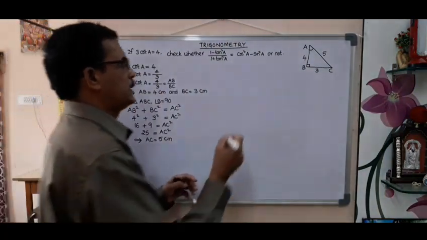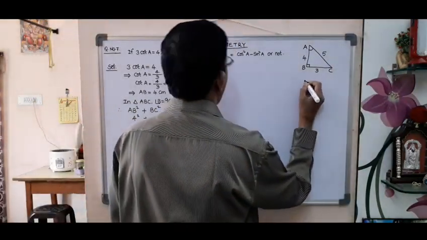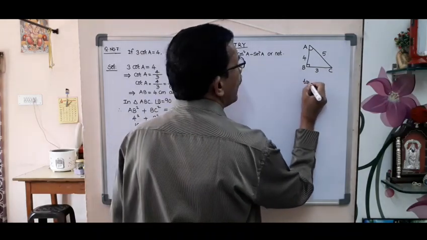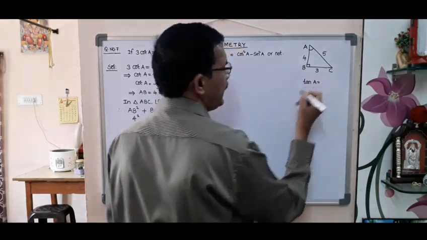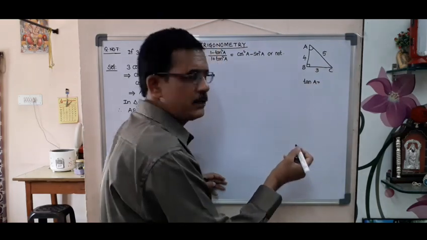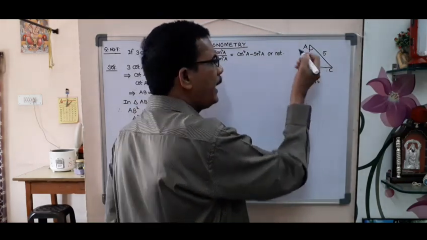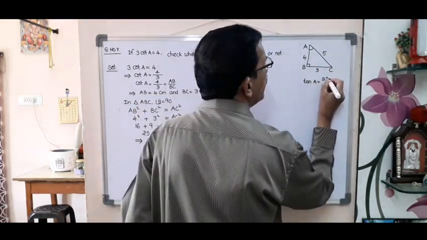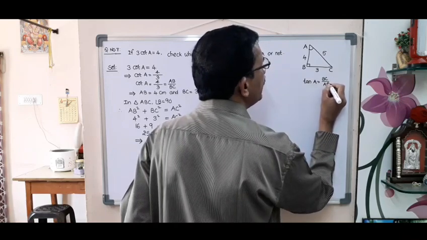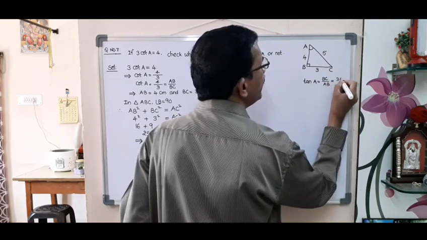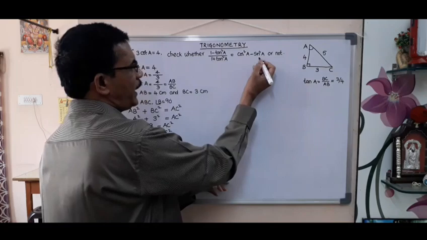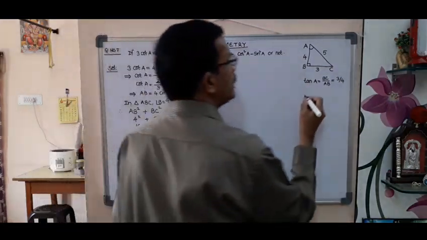Now I will find tan A from the figure. Tan A is equal to, tan definition, opposite side to theta by adjacent side to theta, BC by AB is equal to 3 by 4. Let us find the sin and cos values also.